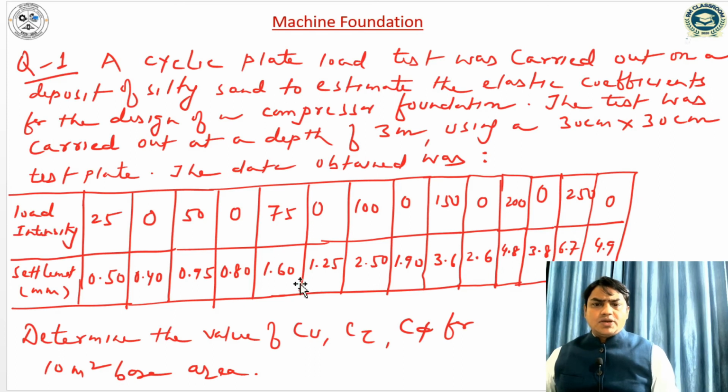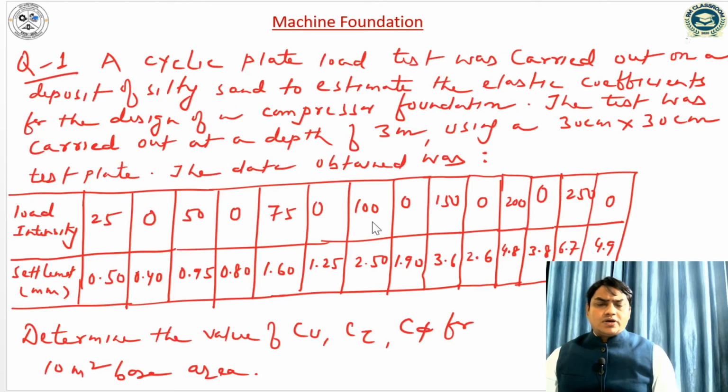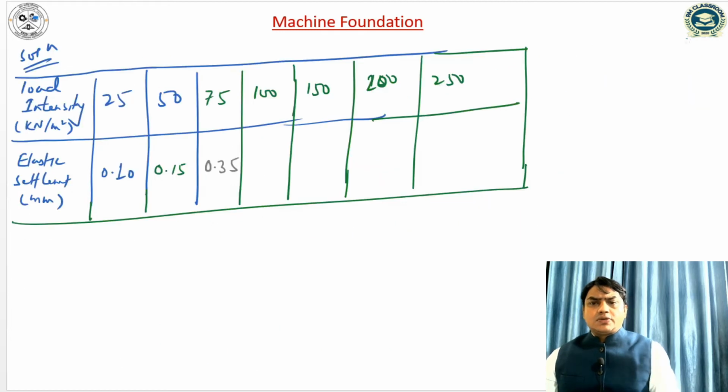The elastic settlement is 1.6 minus 1.25, so it is 0.35. Similarly, for load intensity 100, 2.5 minus 1.9, so it is 0.6.